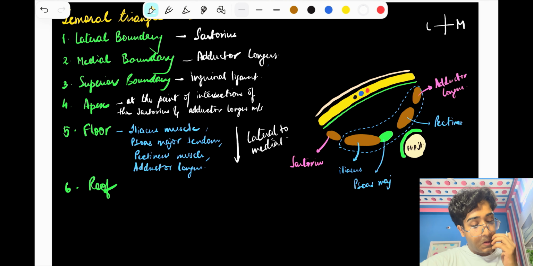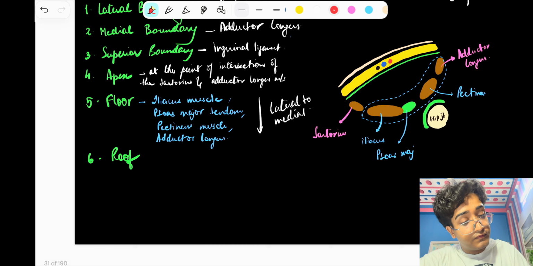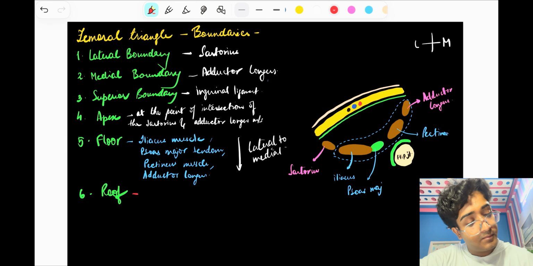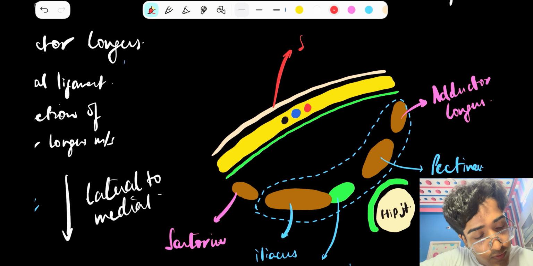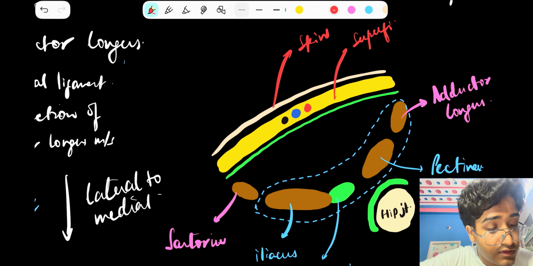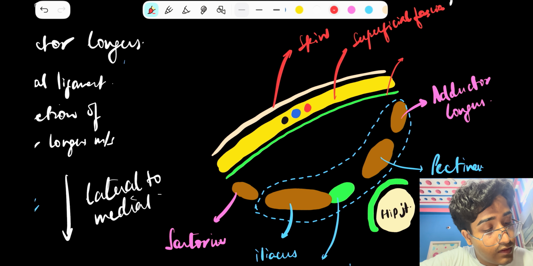Okay, so now what forms the roof of the femoral triangle? Firstly, you have the skin, then you have the superficial fascia, then you have the deep fascia. And what is the deep fascia of the anterior aspect of the thigh known as?